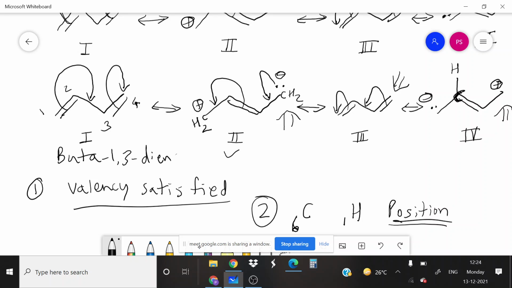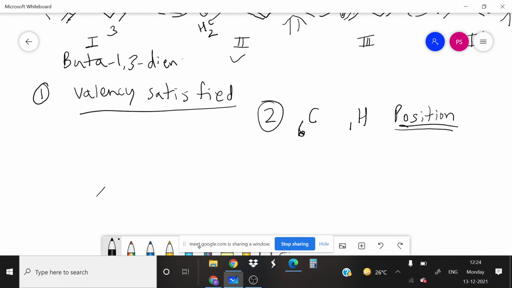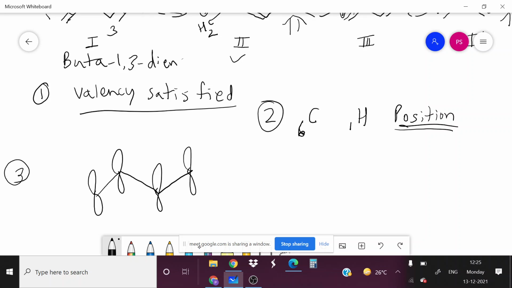Now third rule, all these are resonance structures. Now in all these structures there is movement of electrons, and as these electrons move from one part of the molecule to another part in a conjugated manner, all these delocalizing electrons should lie in orbitals which are parallel to each other.